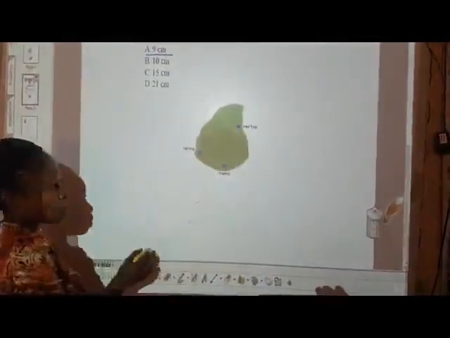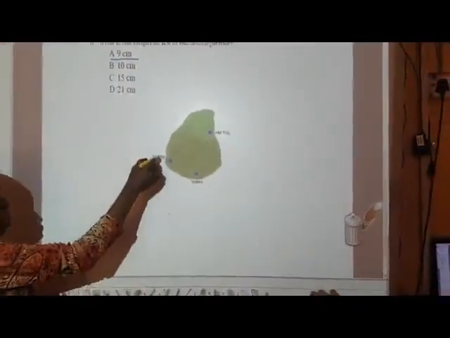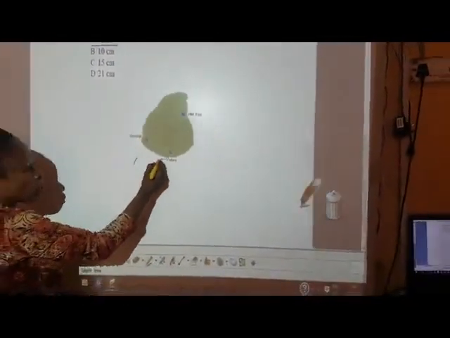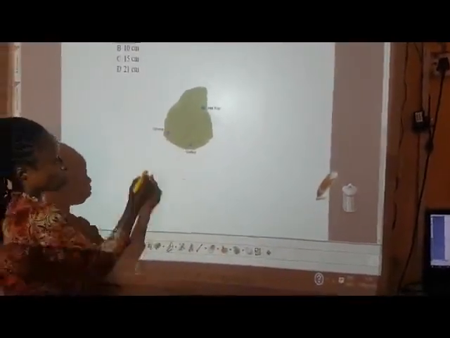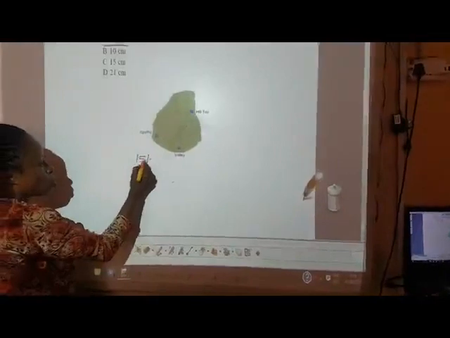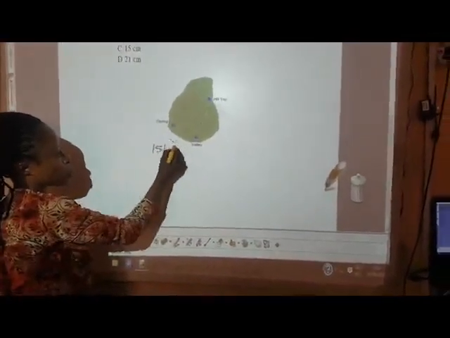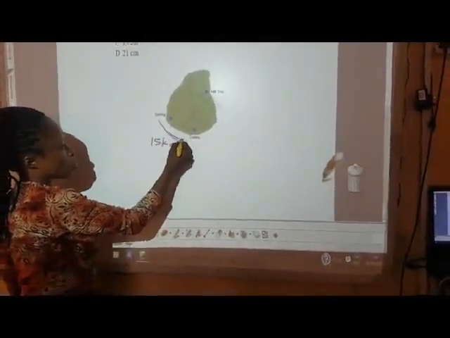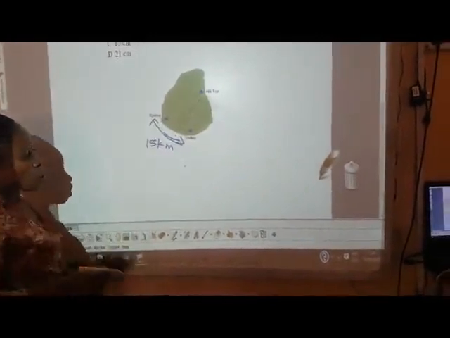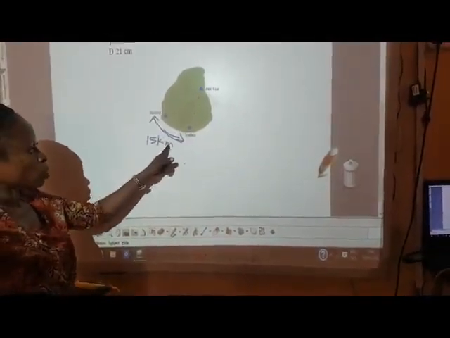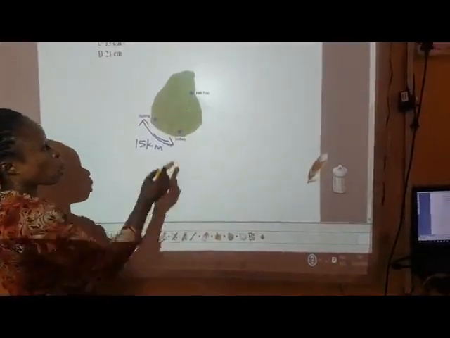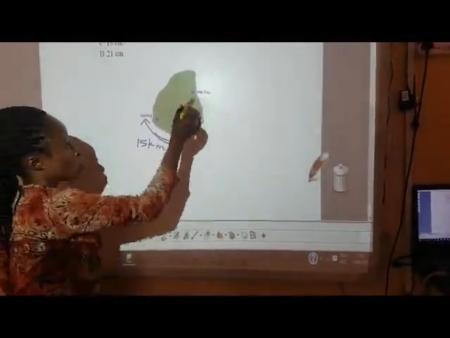Okay. Now according to the question, the distance between this spring and this valley is 15 kilometers. Now, if the distance from spring to valley is 15 kilometers, what will be the distance from valley to hilltop?